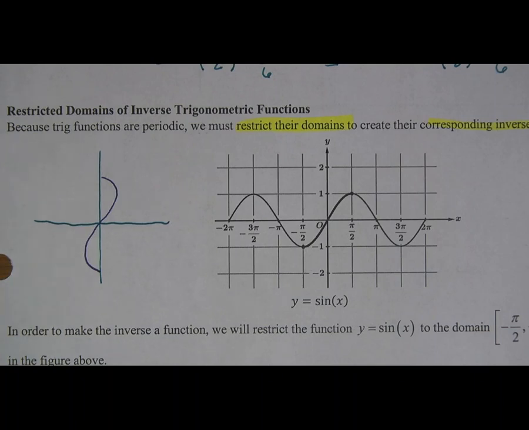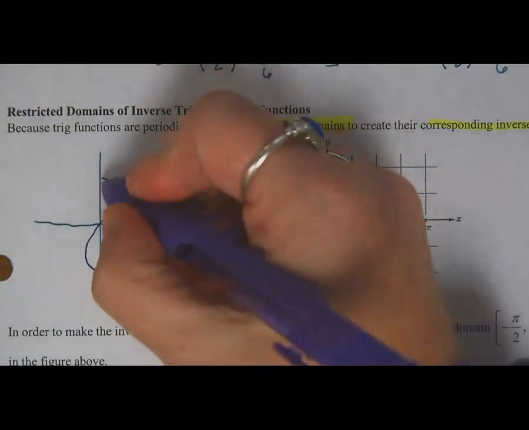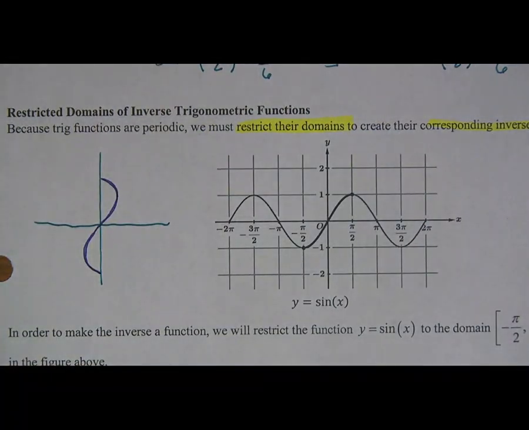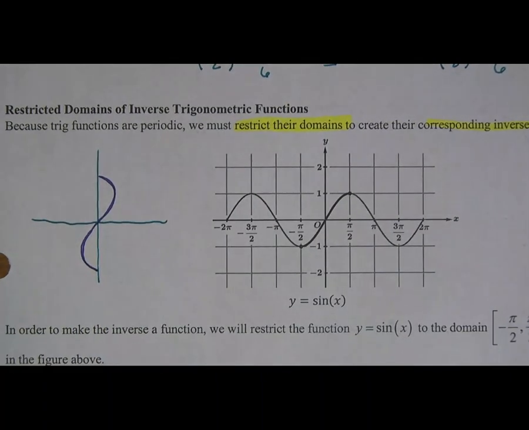Is what you're drawing right there, this graph, a function? Why not? The vertical line test, we have repeating x values. It's an old school thing that you should have in the back of your brain, that this is not a function because it fails the vertical line test.